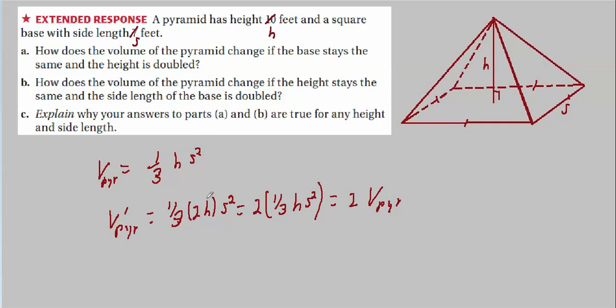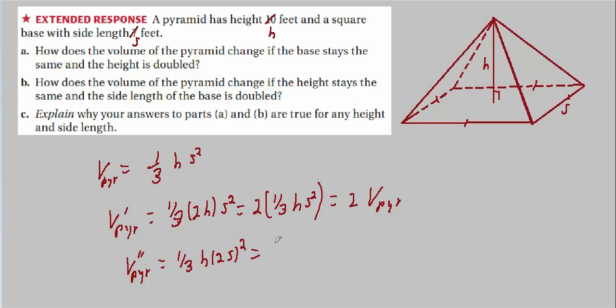So our next volume for our third pyramid, we'll call that V double prime for the pyramid, is 1/3 h times 2s. That now is our side length squared. Well, wait a minute, what's that going to be?